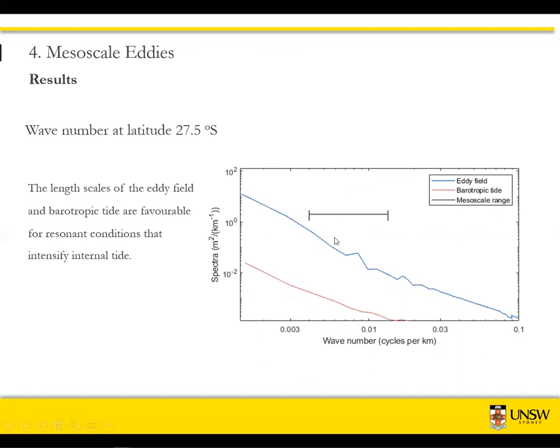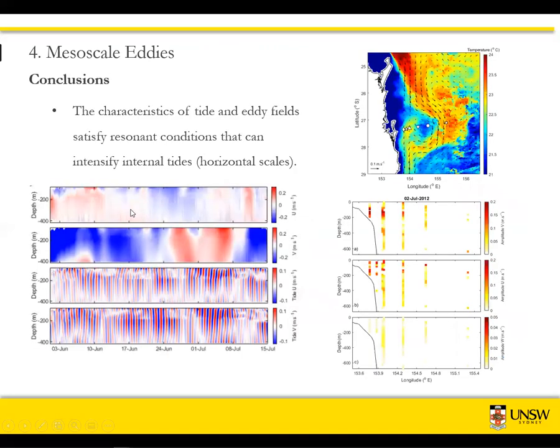They have energy in the same wavelength. So that makes me conclude that there is interaction between the eddy and the barotropic tide that intensifies the internal tide, principally the horizontal scales. And here we can see the time series of intensification.